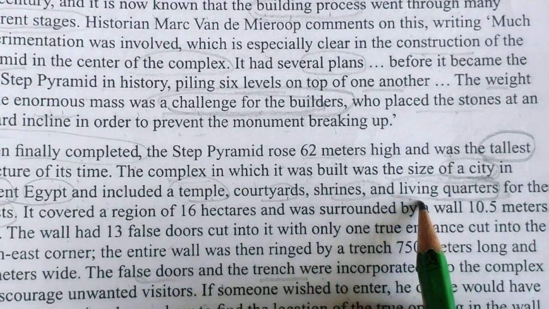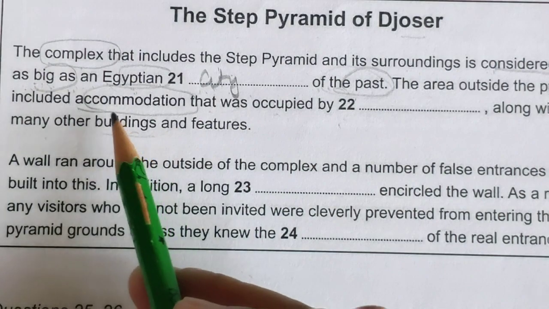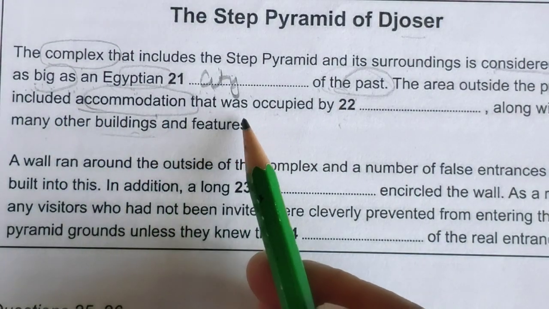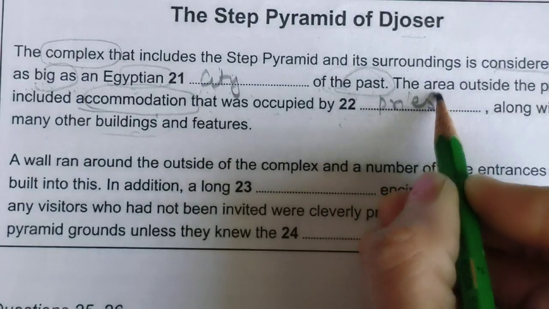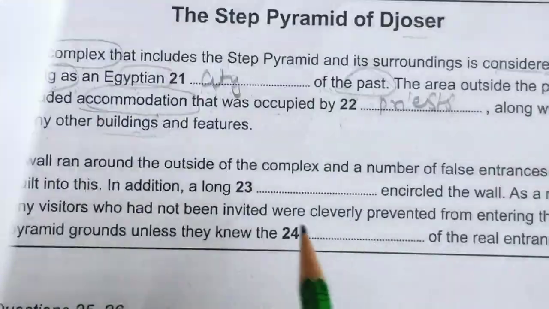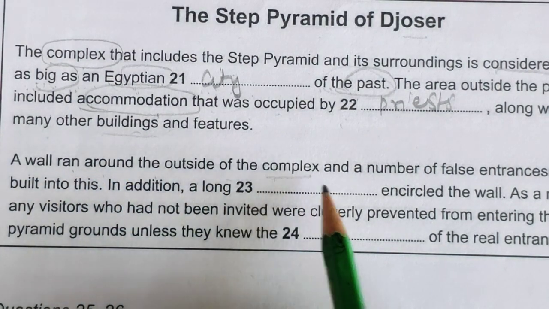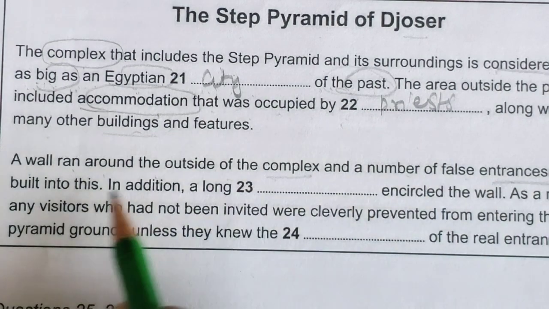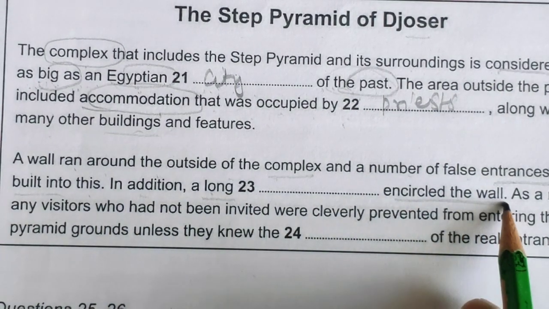So the synonym they have used, living quarters for the priest. That is given. Included accommodation that was occupied by priest. I will be writing here priest. So S is given, so I will be writing it here, priest. Okay, so a wall ran around the outside of the complex. A number of false entrances were built into this. In addition, a long encircled the wall.